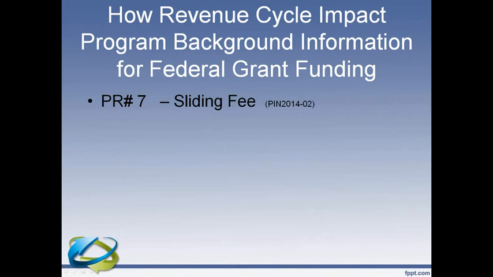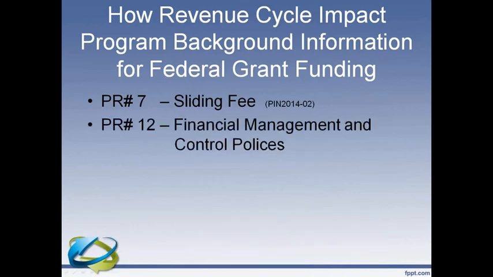So your policies and procedures that you have for your sliding fee also need to be practical. That's not only part of the PIN requirement, and again, that PIN has a lot of pieces in it, and we did a training on that one a couple months ago for you guys, but that's a very important component of your revenue cycle piece. Program requirement number 12, your financial management and control policies.